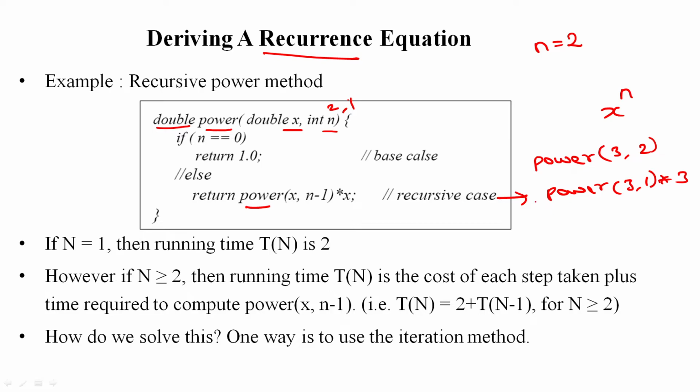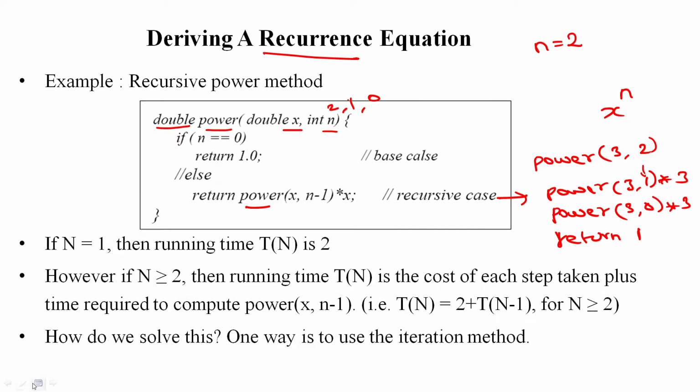Then it will return power of 3, the x value, n minus 1, that is 1 minus 1, 0, into 3. Now n is 0. Now 0 is passing here. n equal to 0, return 1. So it will return 1, this power of 3 comma 0.